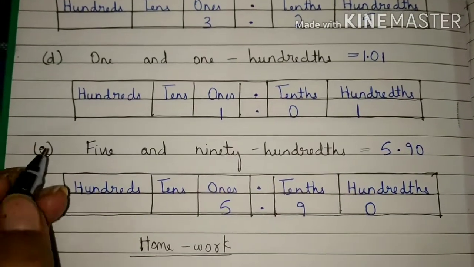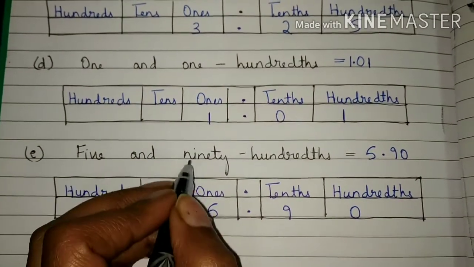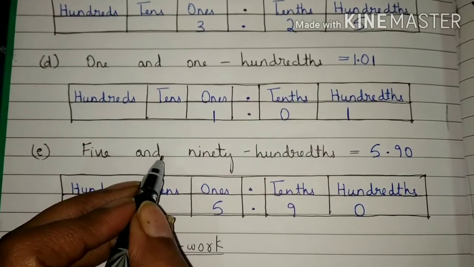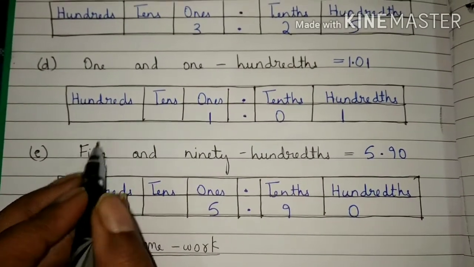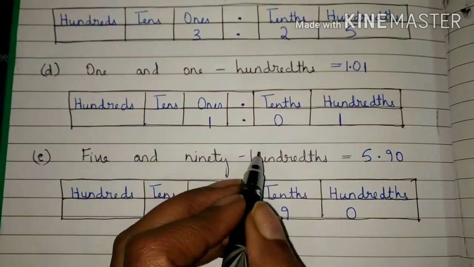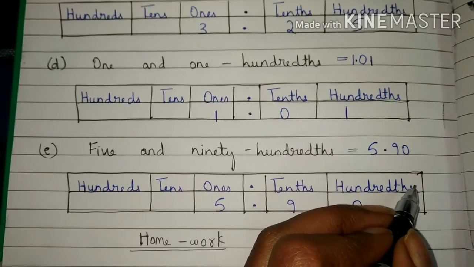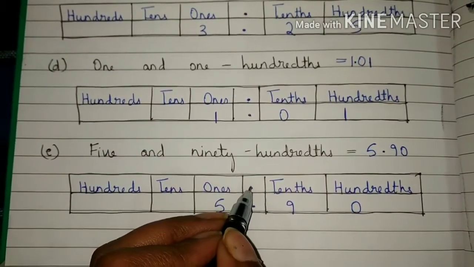Students, now come to E part. Question is 5 and 90 hundredth. Students, you are going to write number in decimal form for 5 and 90 hundredth. Students, first of all, you will draw place value chart like this. In the middle, you will put a decimal point.